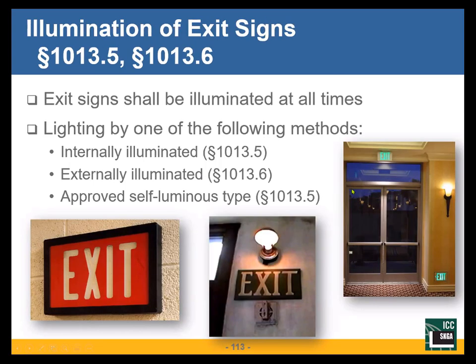The requirement is, if I have a required exit sign, I have to have lighting for the sign. And if I have a required exit sign, I have to have secondary power for the lighting for the sign.